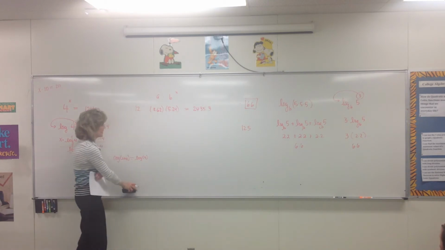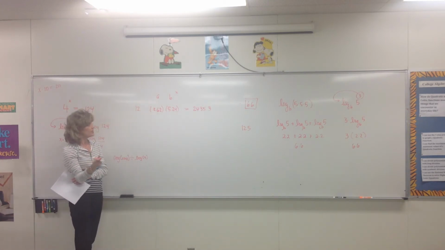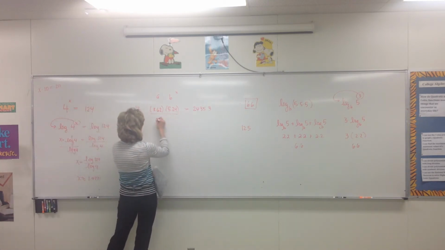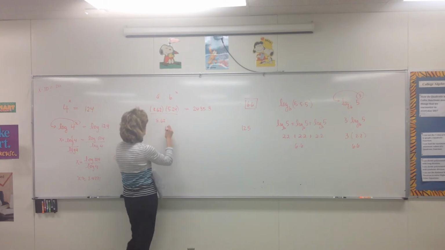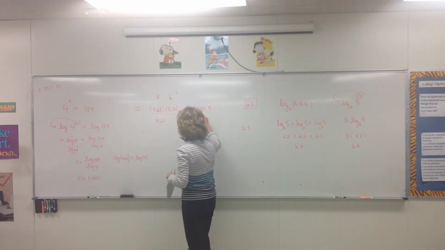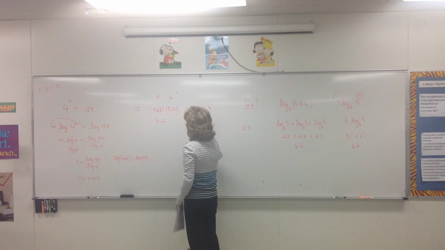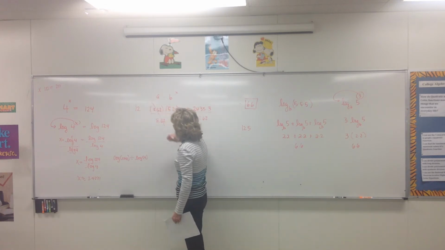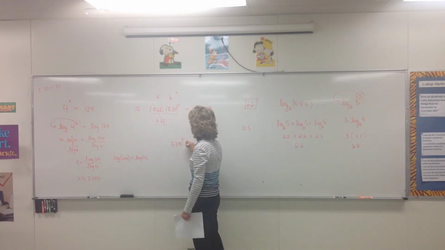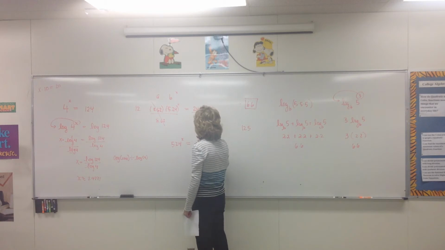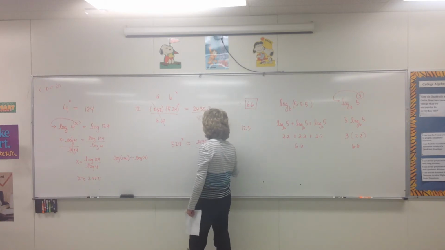You're right. You want to isolate the base. If it's an exponential equation, get the base by itself. So you're going to have to divide both sides by 8.62, and you can cancel factors. So you have 5.24 to the x equals, your calculator can handle this, 2435.3 divided by 8.62.